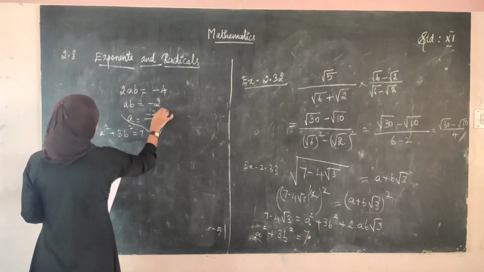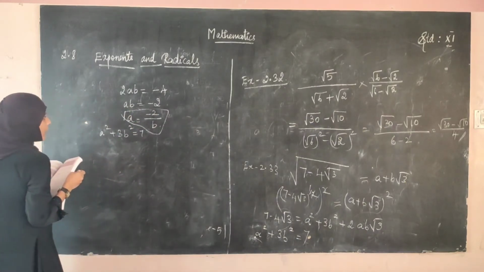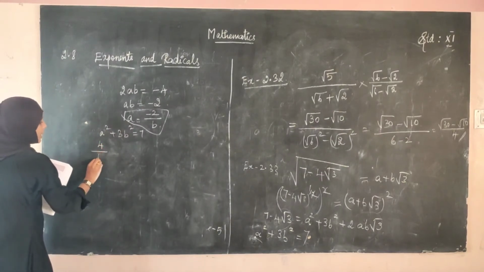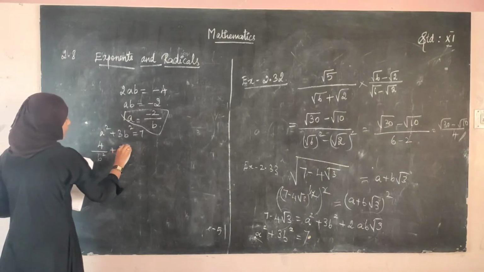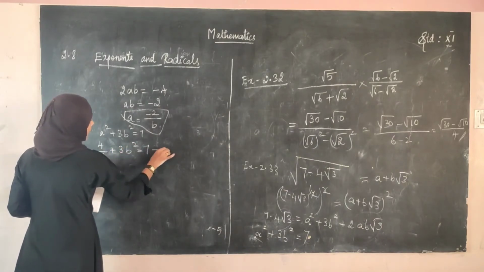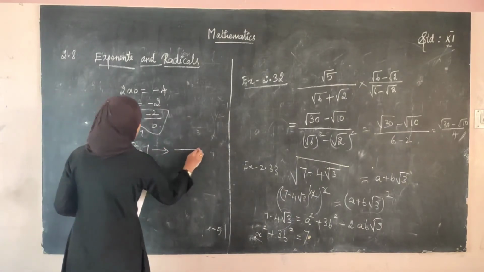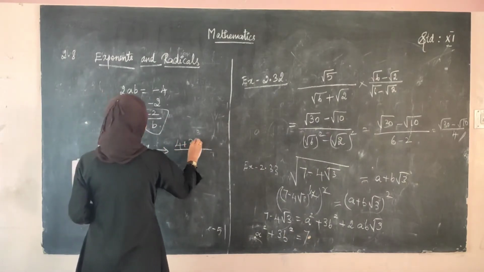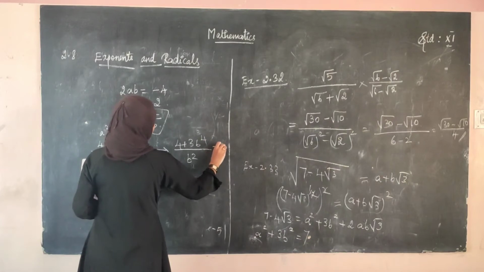Here we took the value a is equal to minus 2 divided by b. Substitute here: minus 2 the whole square is 4, divided by b square, plus 3b square is equal to 7. Now solve this. Taking b square as LCM, 4 plus 3b power 4 is equal to 7.